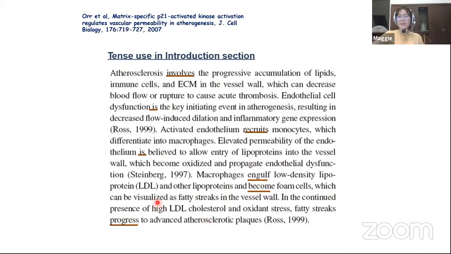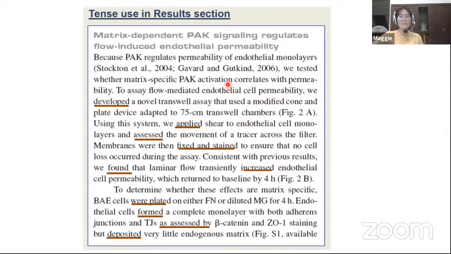Here, this is still that example from the Journal of Cellular Biology. In the introduction section, because the authors were talking about the background of this study, they cite a lot of published data. So here they use the present tense. And then in the results section, because they describe the experiments they performed in their paper, this is unpublished knowledge.